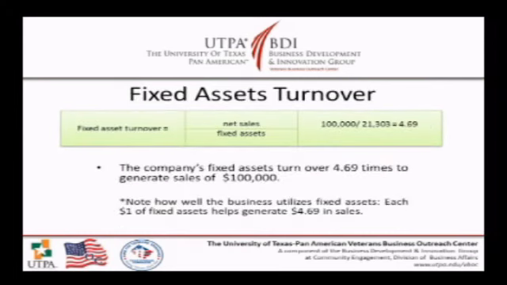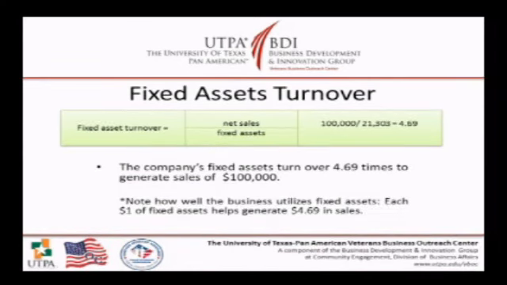The fixed asset turnover, remember fixed assets are your property, plant, and equipment. And here you're going to do the turnover, it's going to be net sales divided by fixed assets. So here your net sales were $100,000 divided by your fixed assets, which is $21,303, equals 4.69.